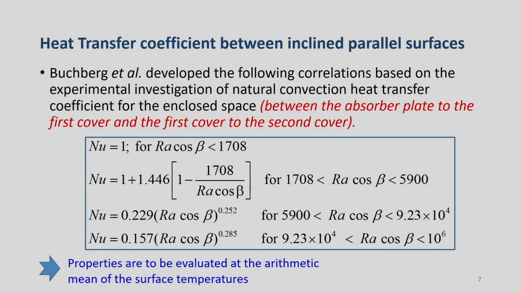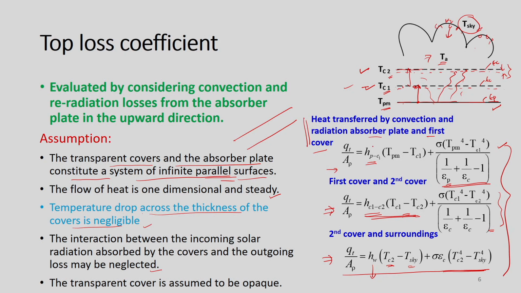Now, let us learn how this heat transfer coefficient can be calculated. If we go back to the last slides, these heat transfer coefficients need to be calculated. In this expression, our primary intention is to calculate this Qt by AP. Qt, TC1, TC2 are the unknowns.